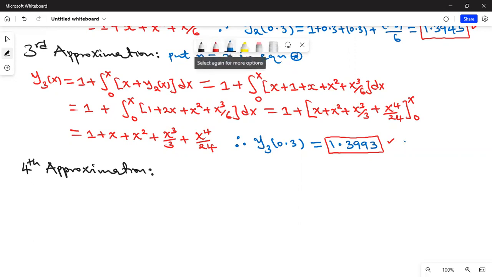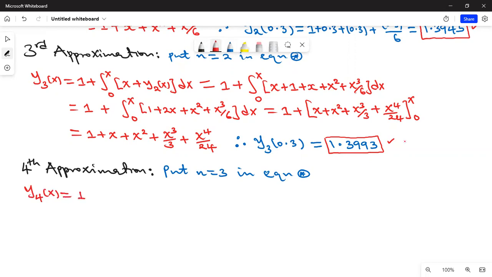In this case, now we put n is equal to 3. Put n is equal to 3 in equation star. So when you substitute n is equal to 3, you're going to get y4 as a function of x is equal to 1 plus the integral from 0 to x of x plus y3 as a function of x dx.